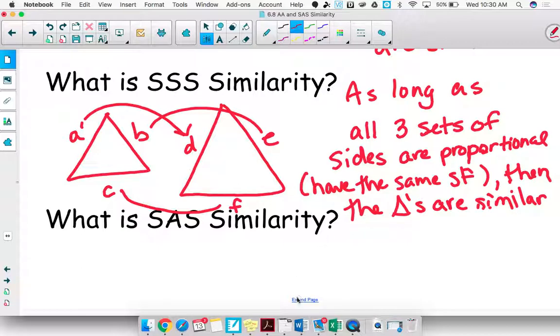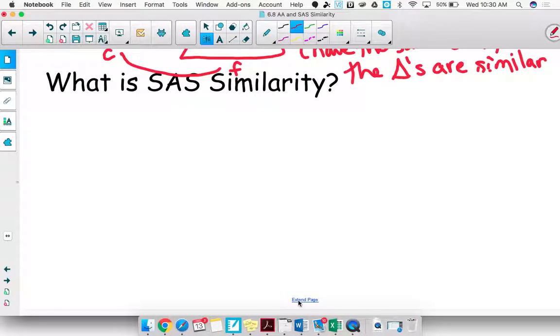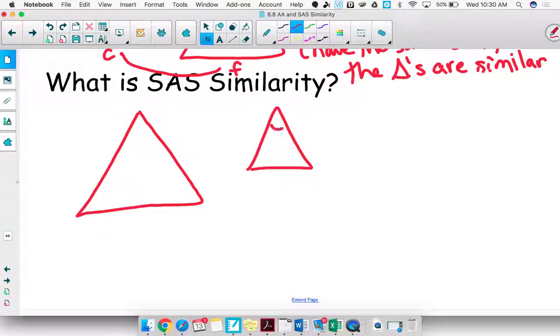The last one, side-angle-side, looks like this. We have two triangles again. If they're similar, they're going to have one angle that's congruent, and then the two sides that surround the angle.